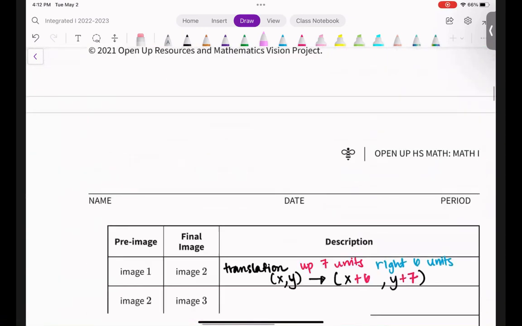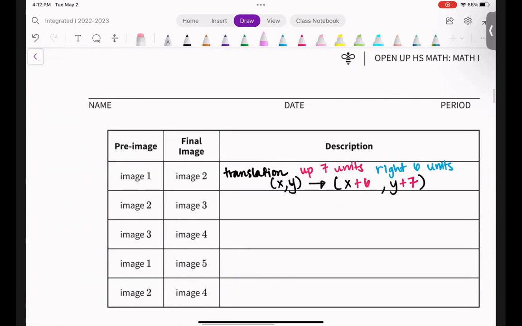So we're going to write down here, rotation. I think it was 1527. This is the center. And we're going to go clockwise for 180 degrees. Okay.